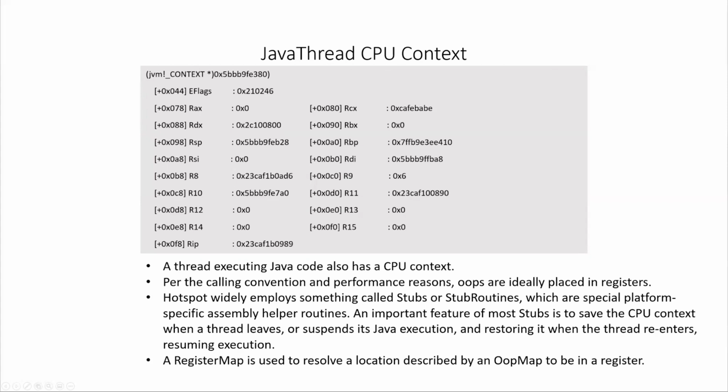An important feature of most stubs is to save the CPU context when a thread leaves or suspends its Java execution and restoring it when the thread re-enters, resuming execution, in a manner analogous to a context switch. A register map is used to resolve a location that is described by an OOP map to be in a register. There are a few more thread local GC roots, such as potential pending exception and some JVM related state, but I will not detail those further here.